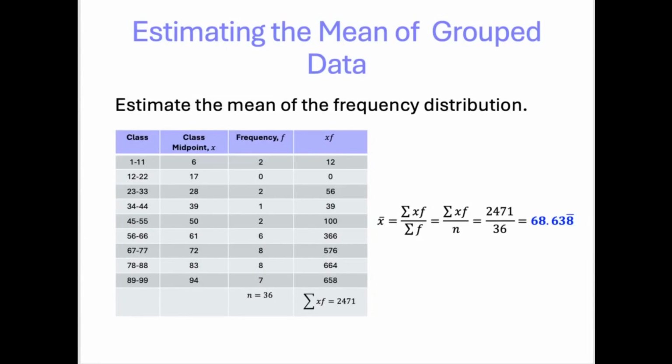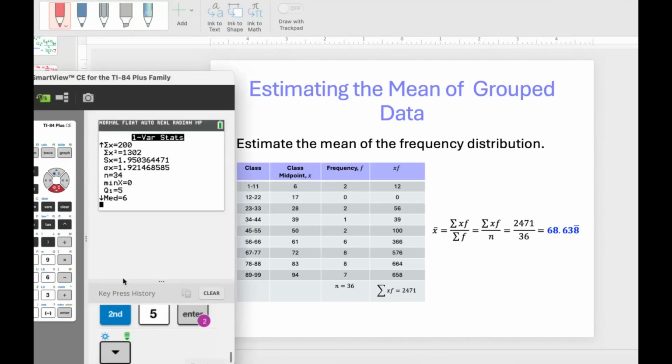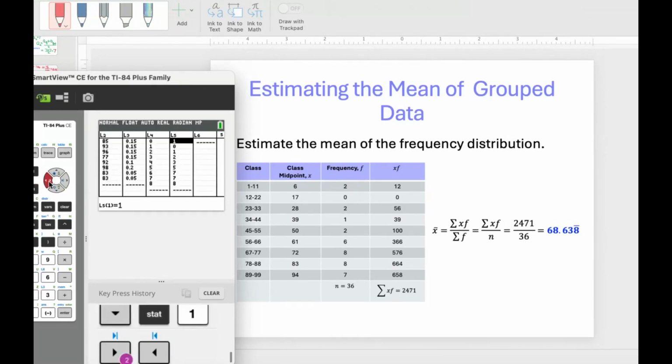So now let's look at how to do that with the calculator. I'm going to have to erase some of this because I need to use list 5 and list 6. I don't have any more lists. But what I'm going to do is put the class midpoints in list 5.